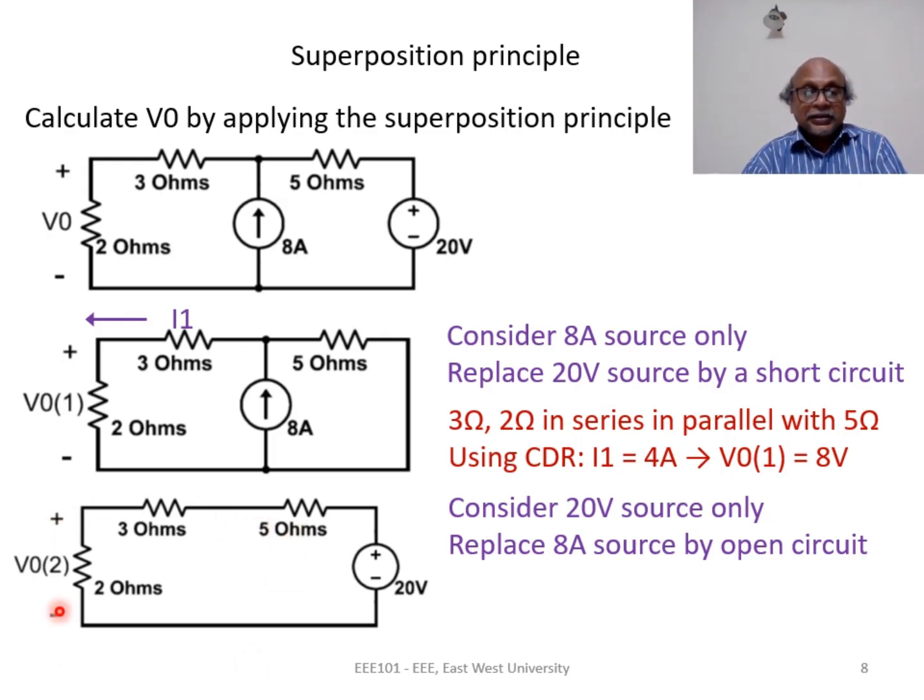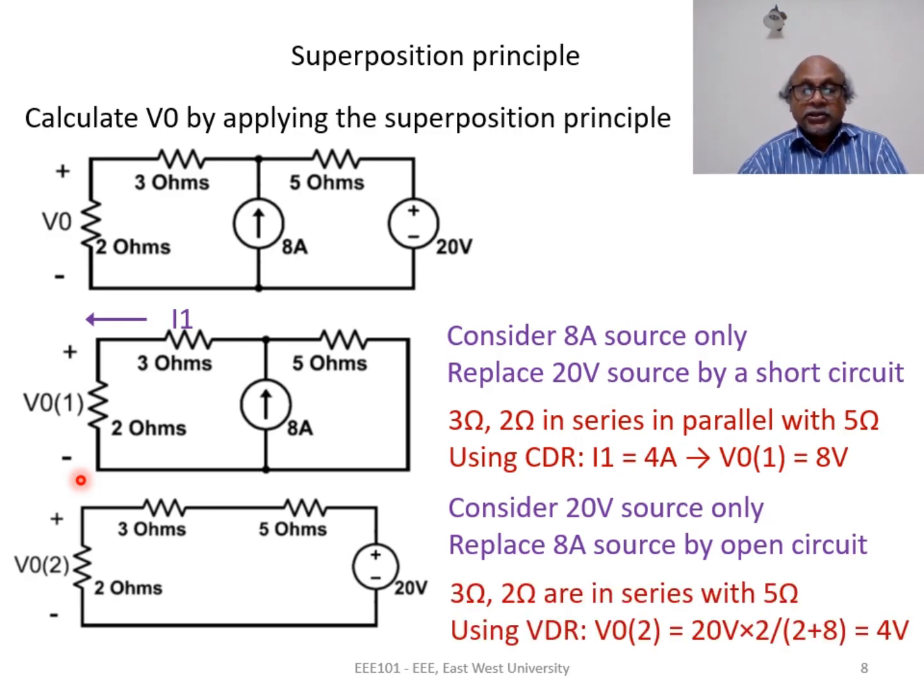All these resistances are in series and we are interested in the voltage across 2 ohms. This 5 ohms and 3 ohms can be combined in series to give a resistance of 8 ohms. We can use the voltage divider rule and calculate V02 is equal to 4 volts.